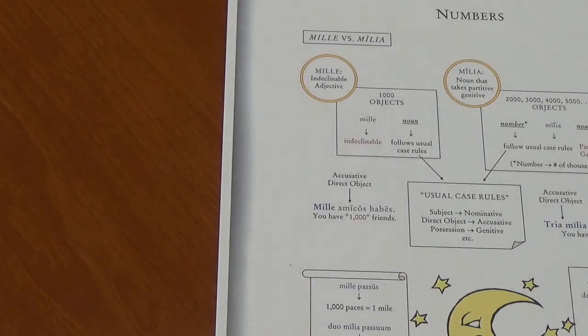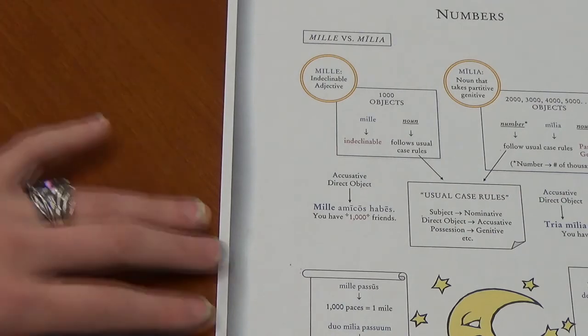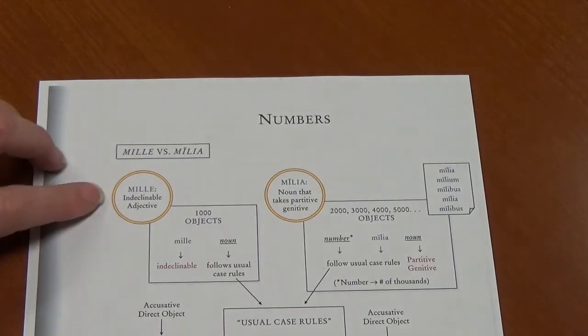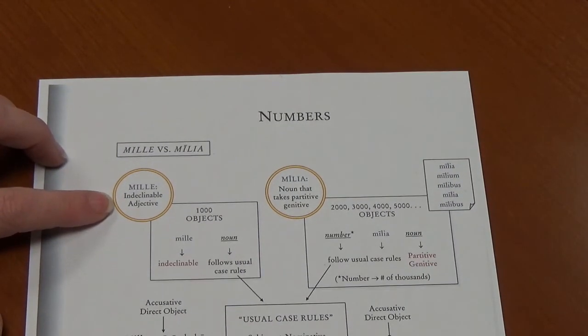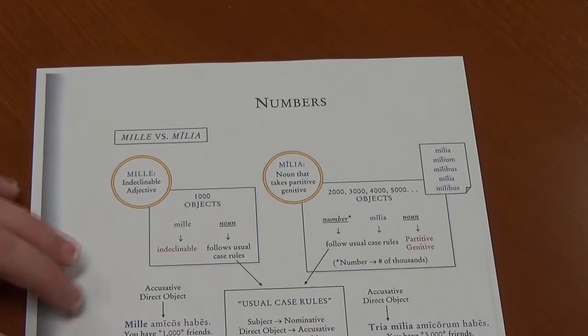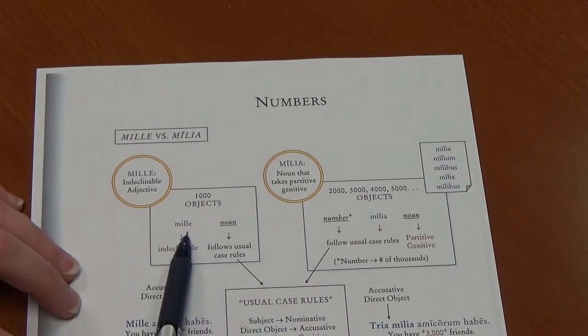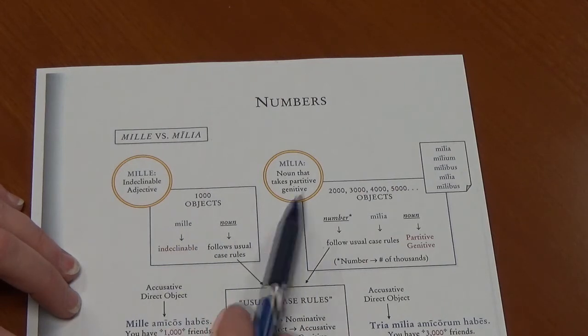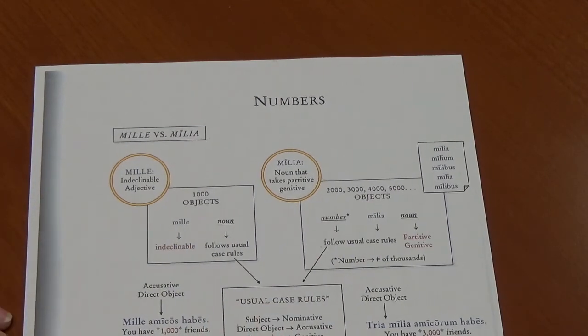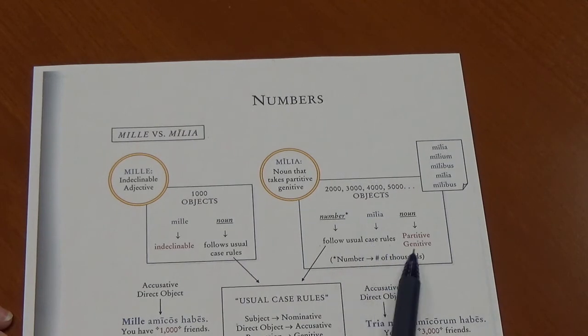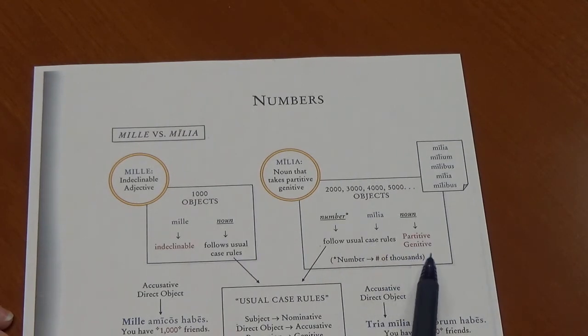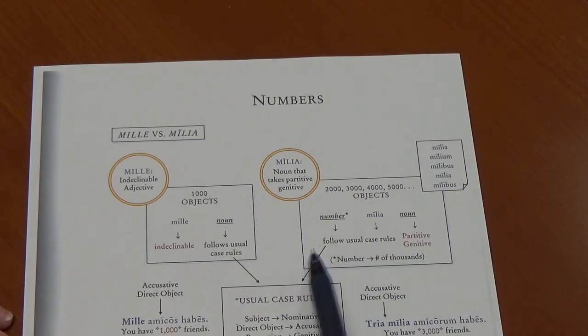Last page for this section on numbers, we look at 1000, the indeclinable adjective, 1,000 of the objects. 1,000 stars, mille stellae. For nouns that take the partitive genitive, we use milia and then a noun in the genitive. And we might actually have a number for the number of thousands.